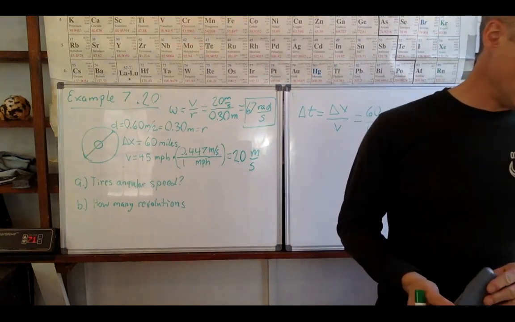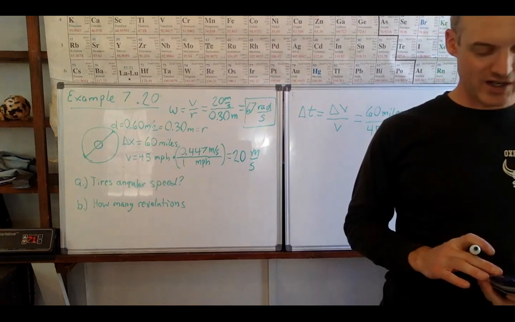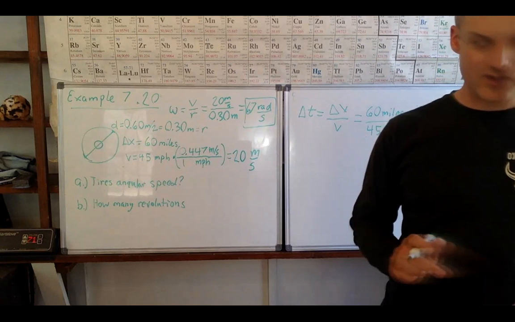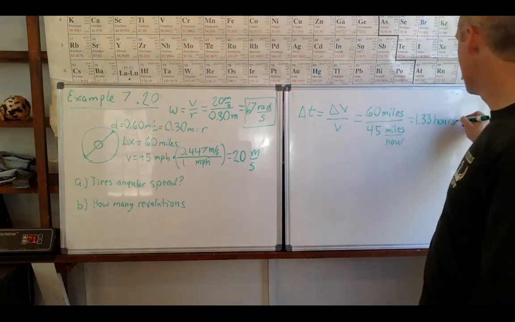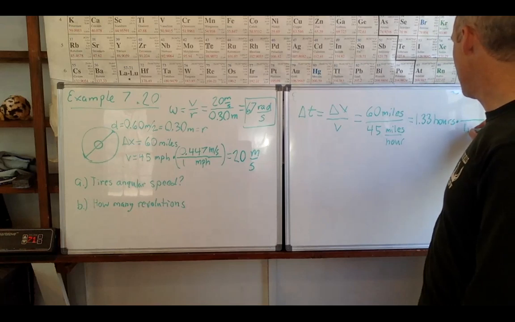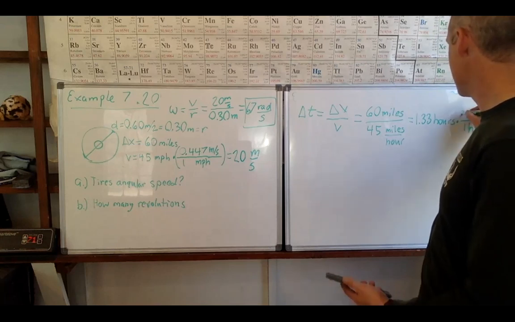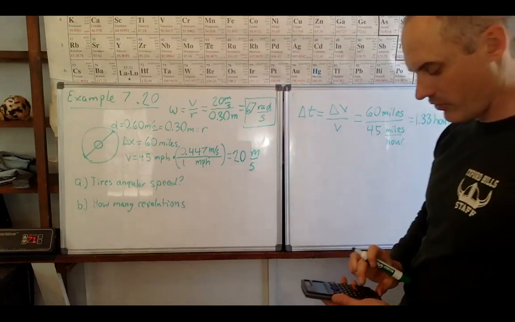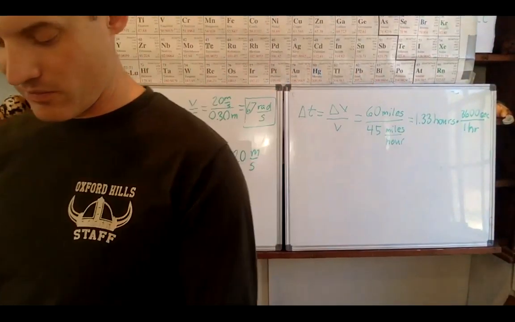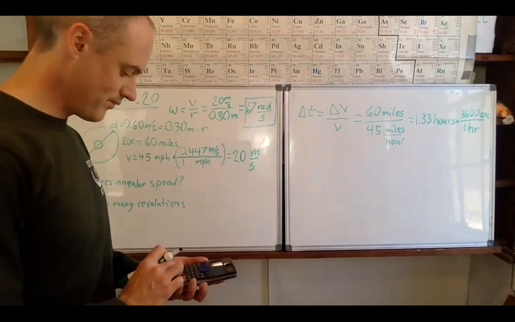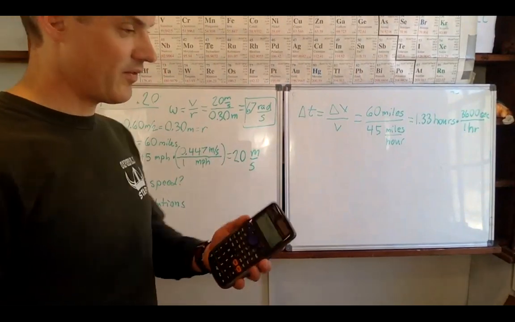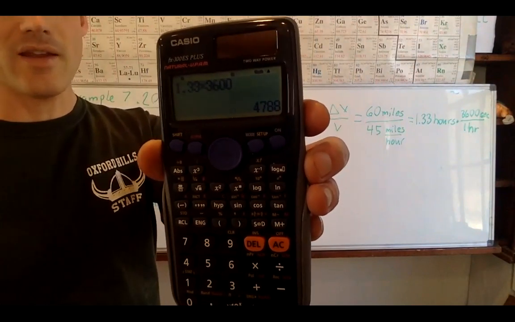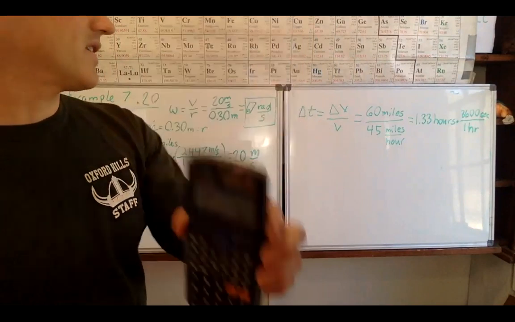How many seconds are there in an hour? 60 times 60 is 3,600. So 1 hour is 3,600 seconds. So 1.33 times 3600 gives us, the trip should take around 4,800 seconds.